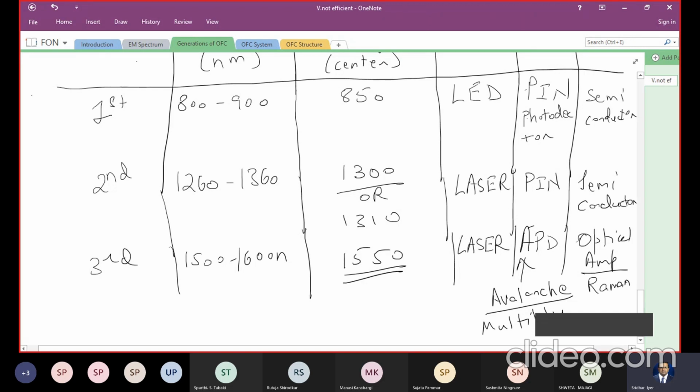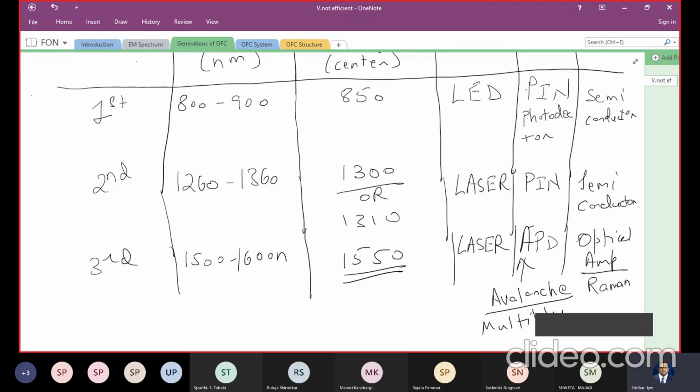So this is about the optical fiber generations, different types of generations, and the different windows which are being used in optical fiber. One confusion that students have is between the generation and the windows. Please understand the difference.